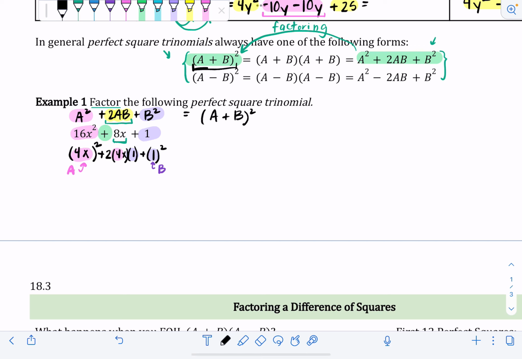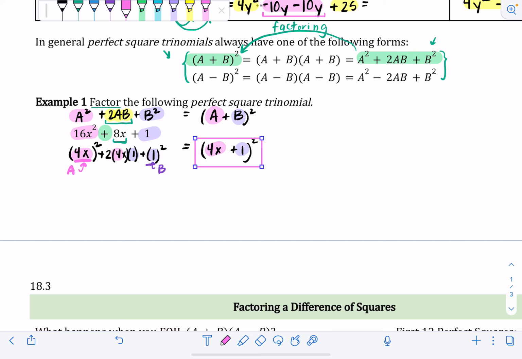That's the part that I'm supposed to get to. And I already did all that work. I know what a and b are. a is 4x and b is 1. So now I can just put 4x in where a goes and 1 in where b goes. So it'd be 4x, that goes in for a, and then plus 1, that goes in for b, and then squared. So this is our final answer. This is factored form.